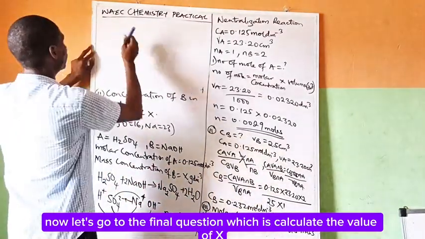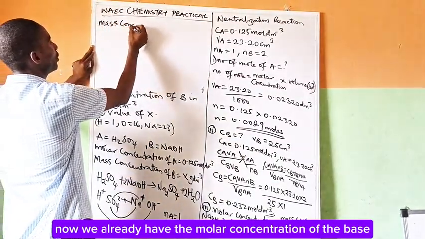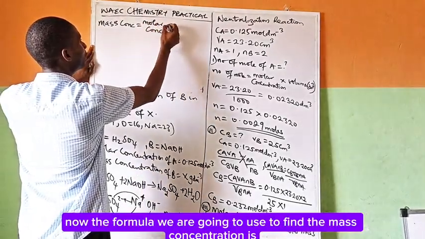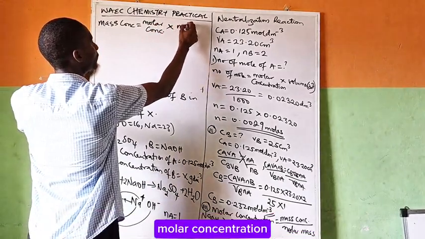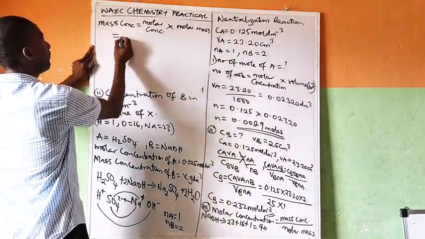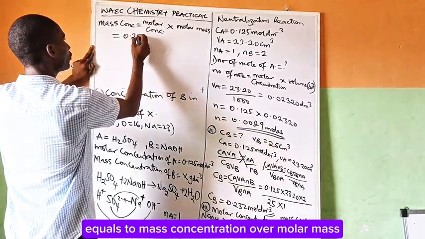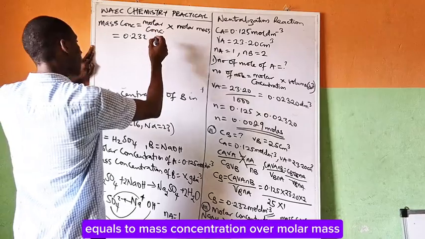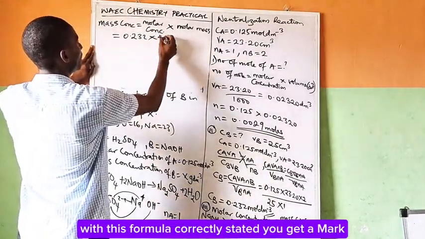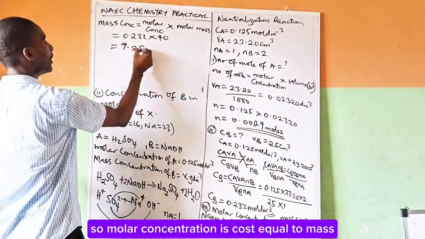So if you make mass concentration the subject of formula, the mass concentration is going to be molar concentration times molar mass, and we have calculated all of that. So the molar concentration of B is what? 0.232, multiplied by 40, which is the molar mass of sodium hydroxide. So when you calculate that, 9.28.